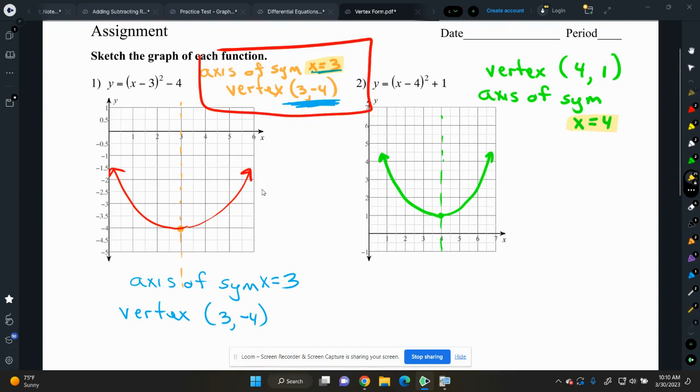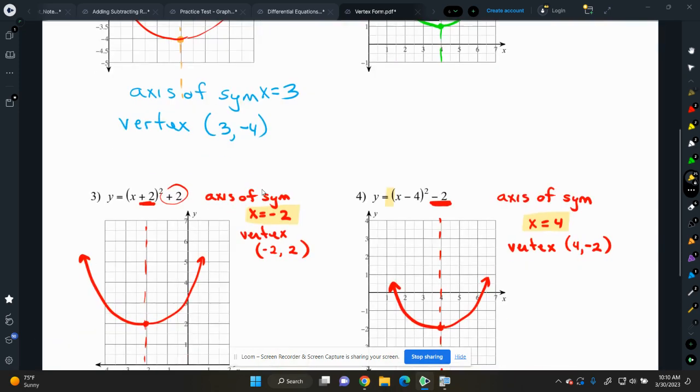Notice the vertex is 3, negative 4. 4, 1. Negative 2, 2. 4, 2. So what do you notice? The x that we got as our axis of symmetry becomes the x in the point, right? The x that we got from our axis of symmetry becomes the x in the vertex.